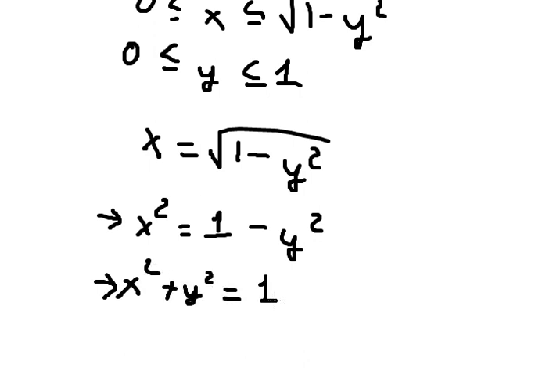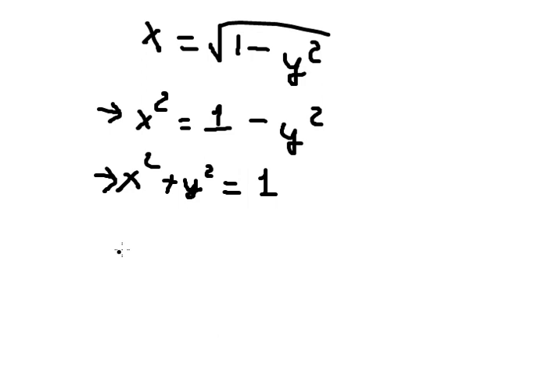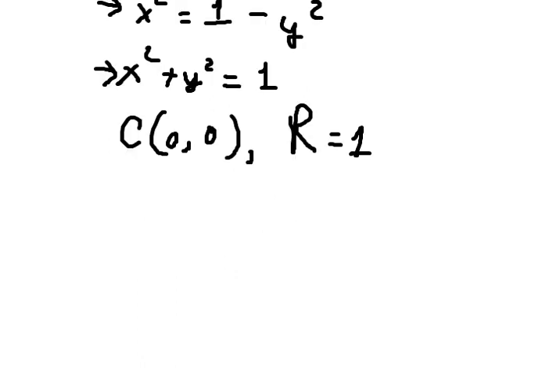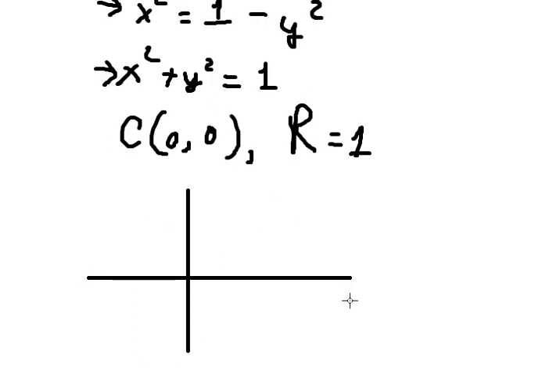And now we need to graph the circle with center 0, 0 and radius 1. So this one we have the circle. And in this situation we have the bounds in here.